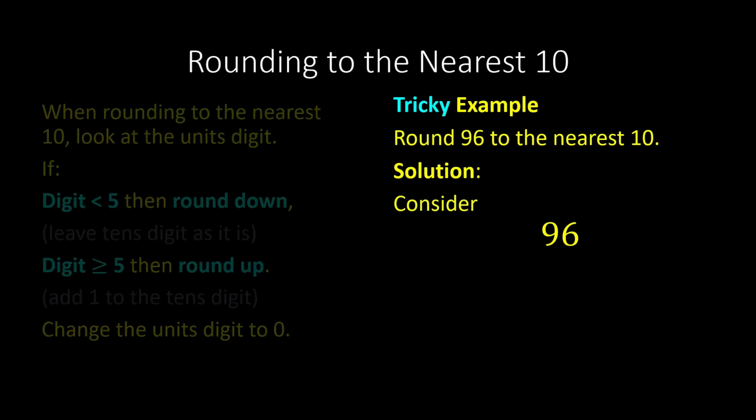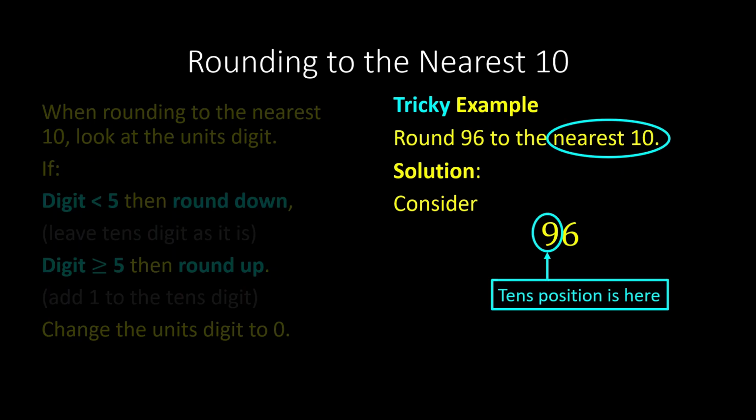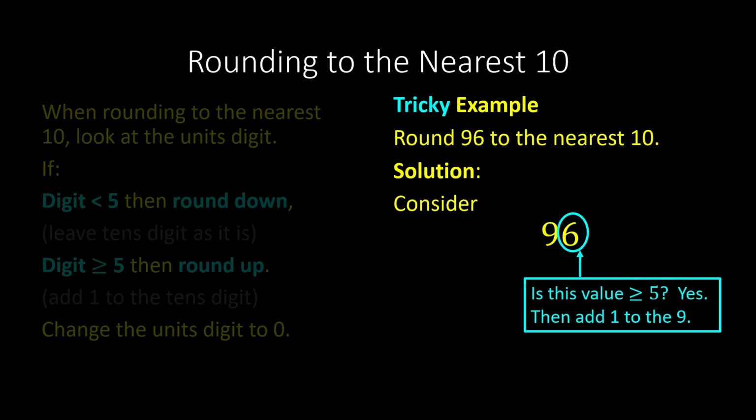Now let's look at a slightly trickier example. We are required to round 96 to the nearest 10. So here's our tens position. And we ask ourselves, is the units value here greater than or equal to 5? Yes, it is. So now we add 1 to the 9.